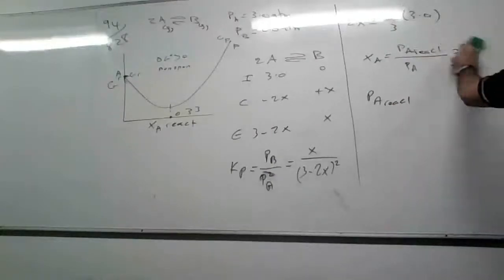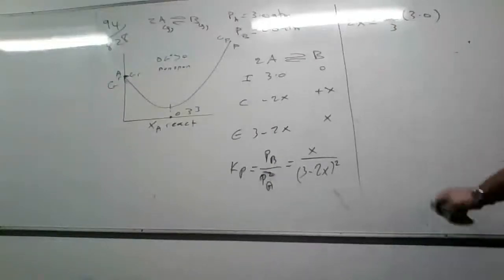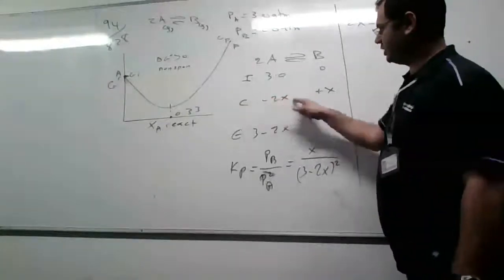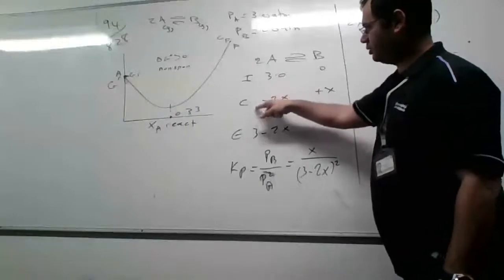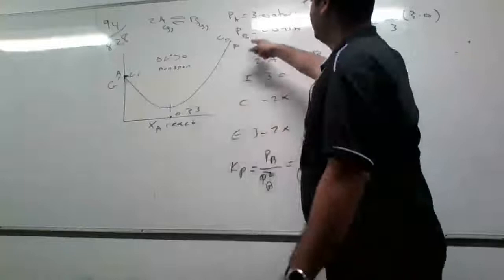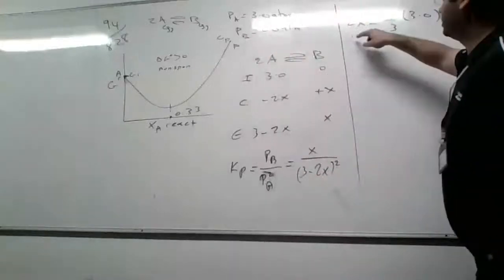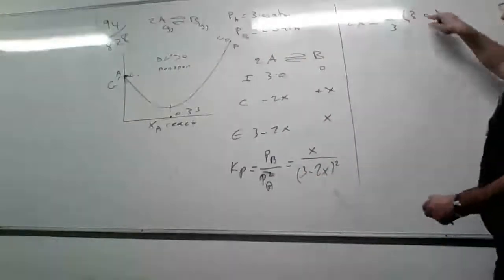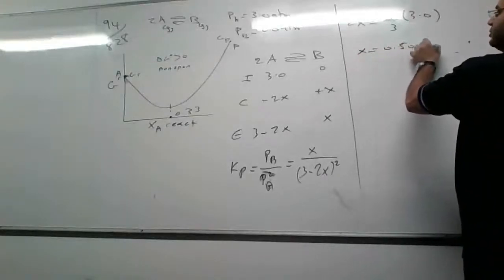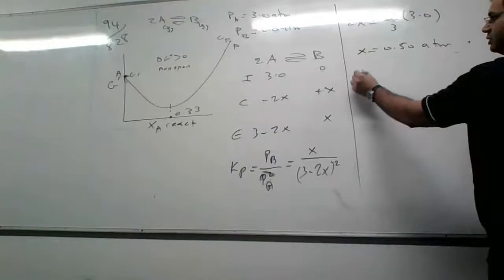You don't have to go through all this. And then x is the quantity that is dissociated. What is shown? This quantity هي الثلث صح؟ عبارة عن الثلث صح؟ Third of what? Of the original pressure. So this is the part reacted, 1/3. So this would be 0.5 atmosphere. So now substitute.